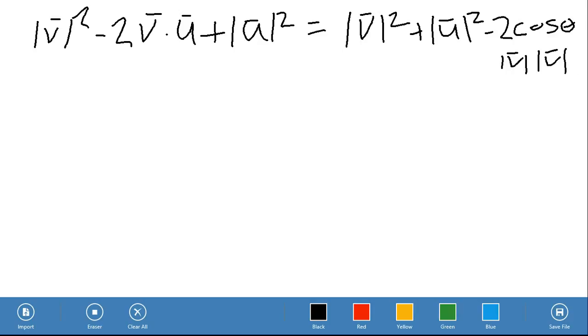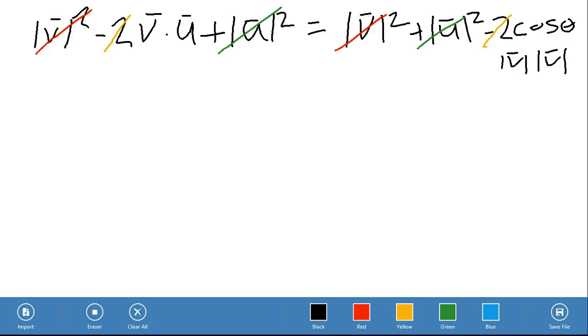Okay, well, right off the bat, we can subtract this term from both sides and get rid of that. And then we can do the same thing with this term. We can get rid of these terms as well by subtracting them. And we can also divide by a -2 in order to cancel this term and this term.